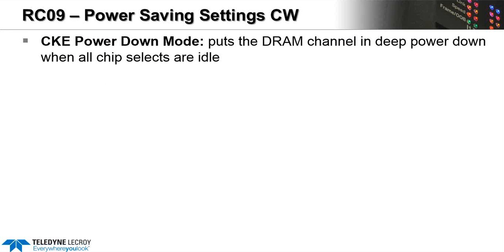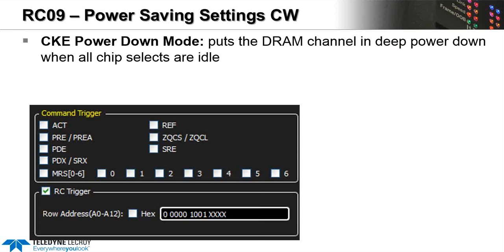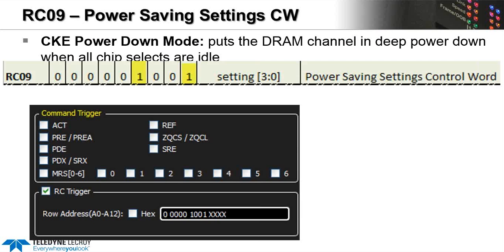Getting visibility to these register commands is one of the first steps in bringing up an RDIMM system. Say you're trying to debug a problem getting the DIMM into a lower power state. Using the bus analyzer, it's possible to trigger on any standard command. In this window, we're seeing the RC09 as it's defined in the spec.